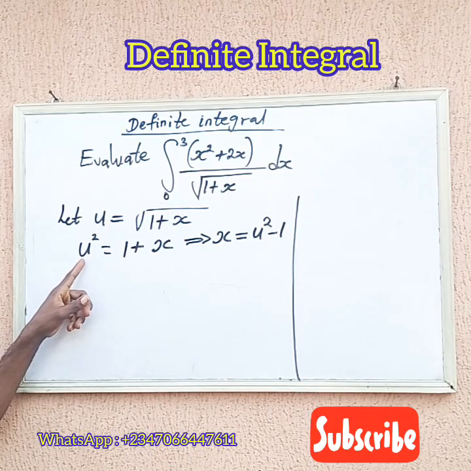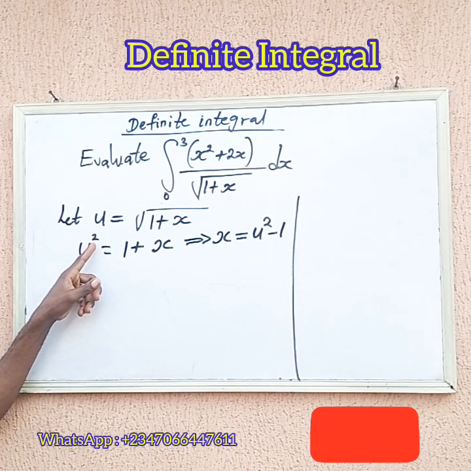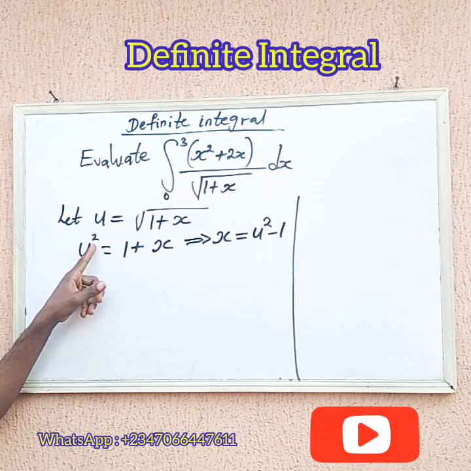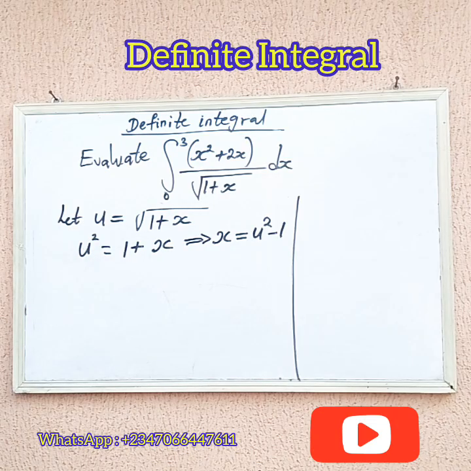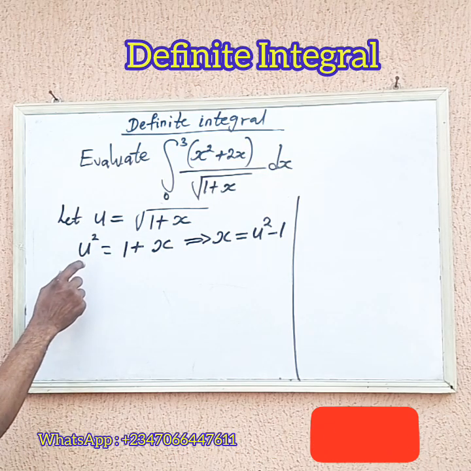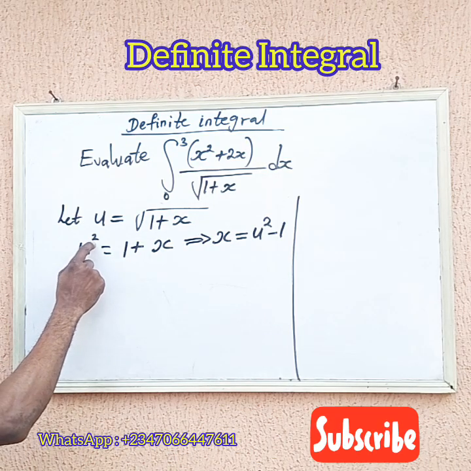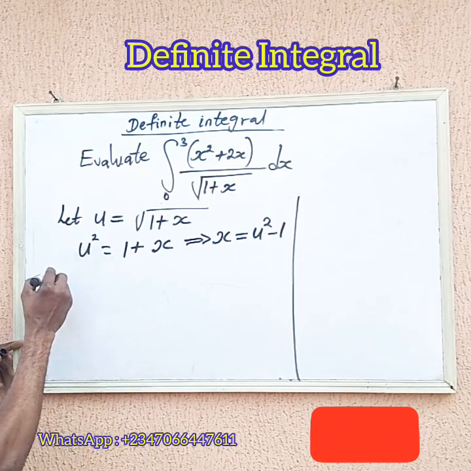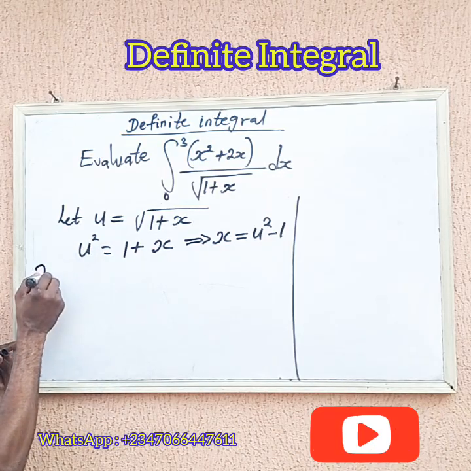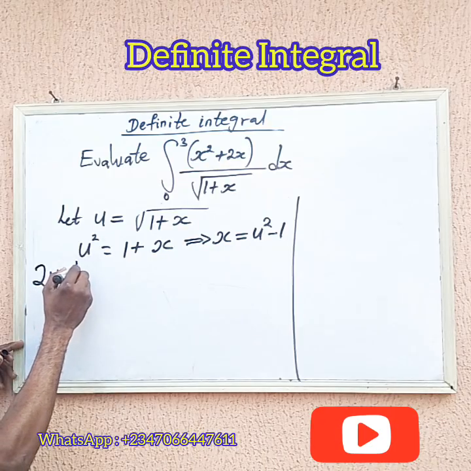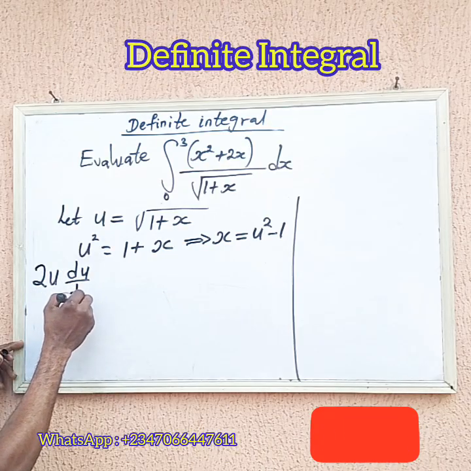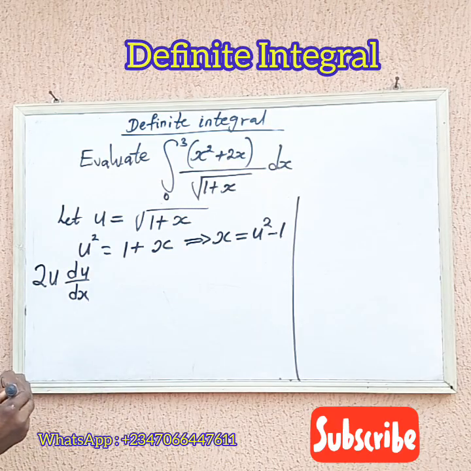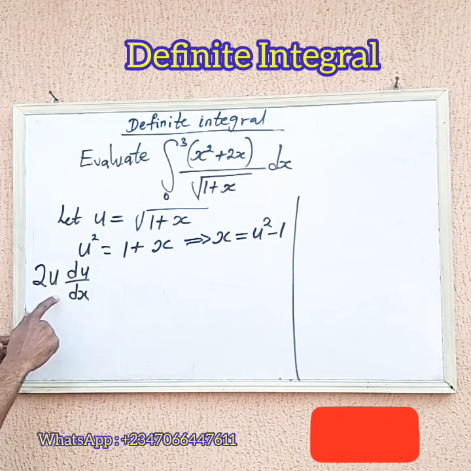Since u here has a square, we are going to use implicit differentiation. Differentiating this u squared is going to give me 2u. Now, in implicit differentiation, you have to add du/dx, because we are differentiating with respect to x.